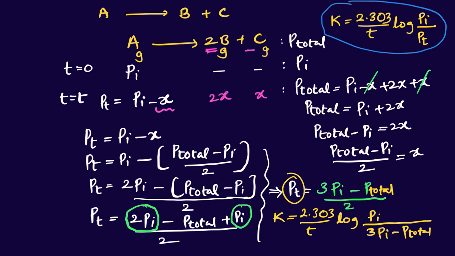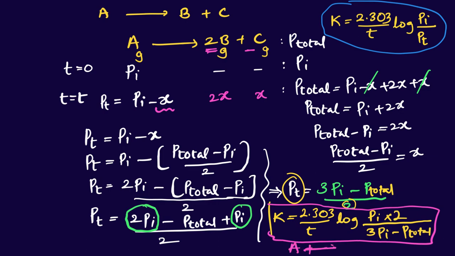This 2 will go in the numerator, that's why 2. So this is the final equation for reaction A gives rise to 2B plus C. So every time this P at T time will be changed when stoichiometric equations are changed. So every time we have to derive.